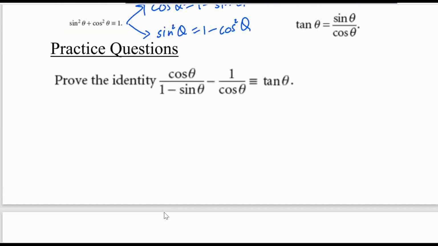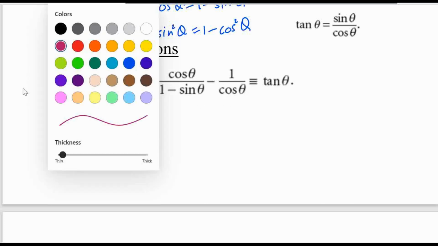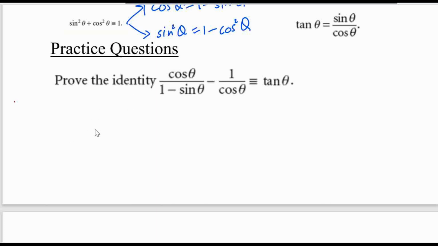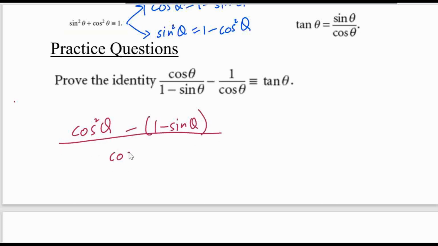Now prove the identity. Whenever we have to prove the identity, we must be very careful about the right hand side. We will be solving the left hand side, but we will focus on the right hand side as well. So now if we rearrange this one, if we follow the basics, if we take the LCM, this will be cos square theta minus 1 minus sine theta whole divided by cos theta into 1 minus sine theta.